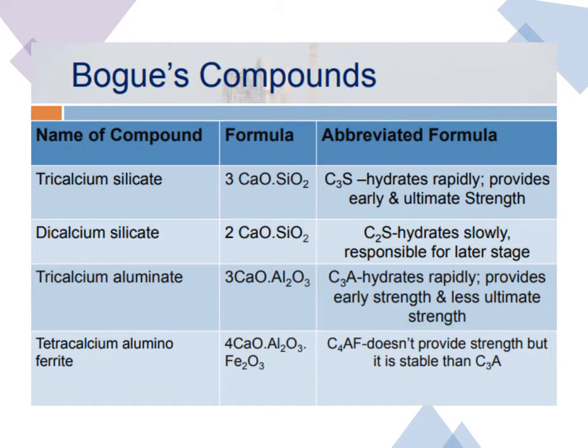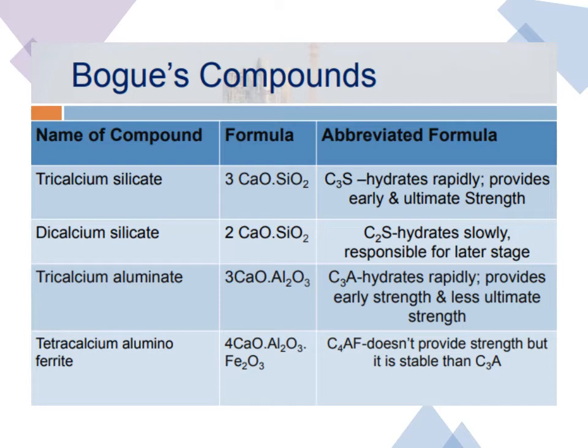Next, we shall check the different Bogue's compounds. We have learned about Bogue's compounds in concrete technology. When you add water to the cement, it undergoes reactions, and those reactions start producing different compounds.